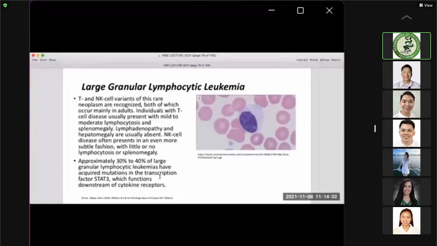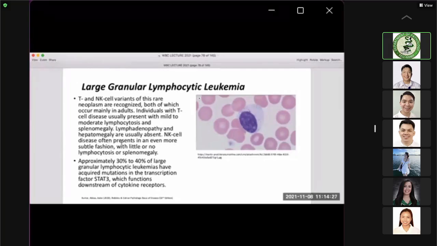T and NK cell variants of this variant are recognized, both of which occur mainly in adults. No? So T cell disease usually presented mild to moderate lymphocytosis and splenomegaly. And then rare lymphadenopathy or hepatomegaly, but they are usually absent. No?